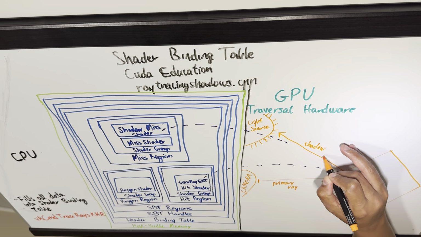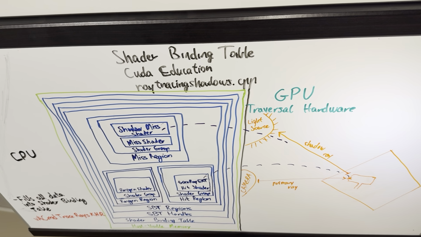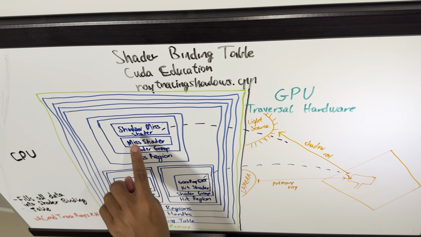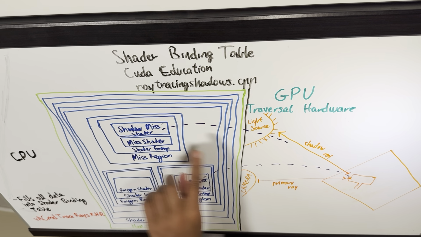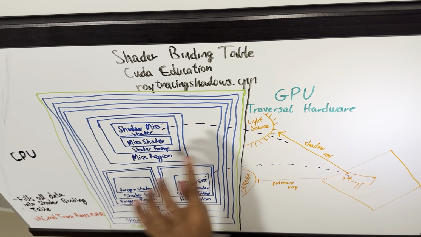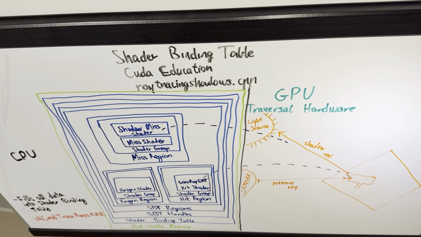Everything is assumed to be shadowed unless you do a test and realize you have no obstructions to the light. So because of that, this shadow miss shader is activated, and what it does is turn off the shadowing. So now this point is lit.